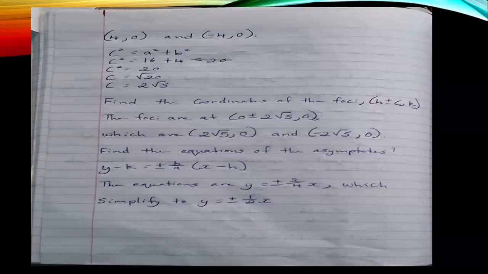We use this formula when our hyperbola is a horizontal hyperbola. When it is a vertical hyperbola, we will have a switch there, and you will see as we move on. Next.